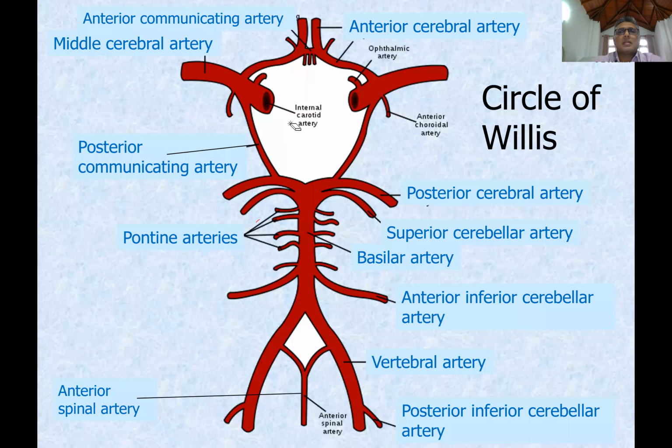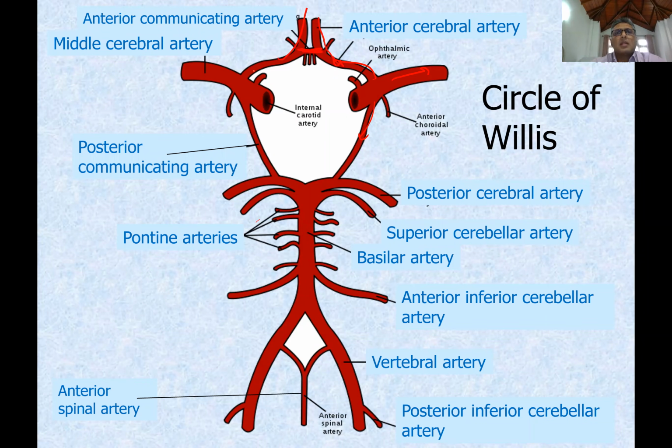Then if you look at the anterior circulation, you have the internal carotid here, as I said before, forming the middle cerebral, anterior cerebral, and giving the posterior communicating branch to communicate with the posterior cerebral artery. And the two anterior cerebral arteries have an anterior communicating artery there.